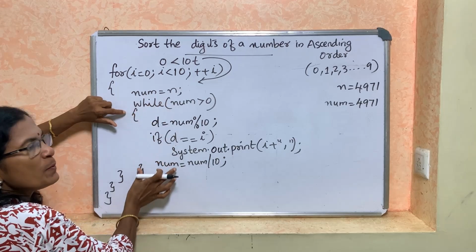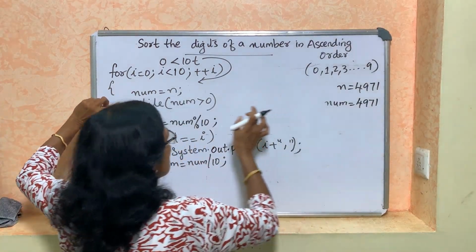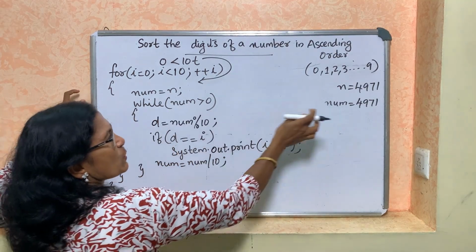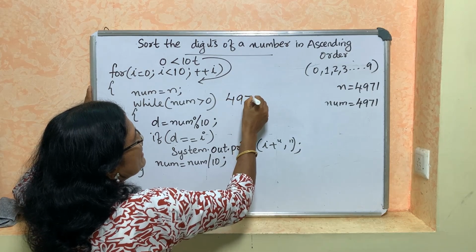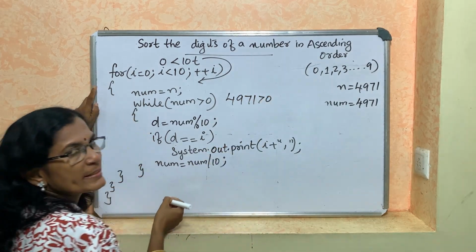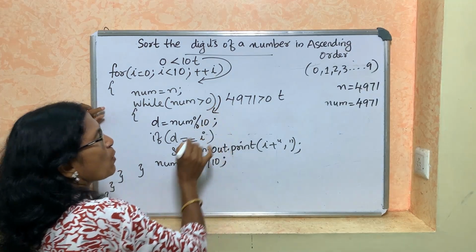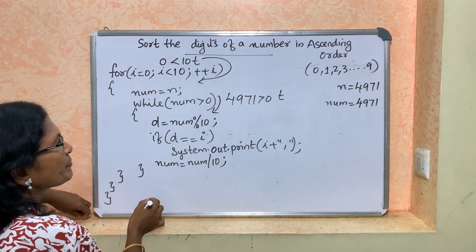In the while loop, we use the variable num to extract the digits and compare. While num greater than 0, the value of num is 4971, greater than 0. Test expression is evaluated to true. So control enters into the body of the while loop to execute the statements given in it.